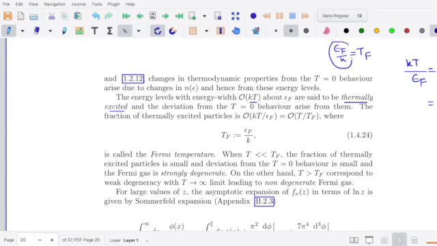Remember, epsilon F by k has the dimensions of temperature, and this temperature T_F is called the Fermi temperature.